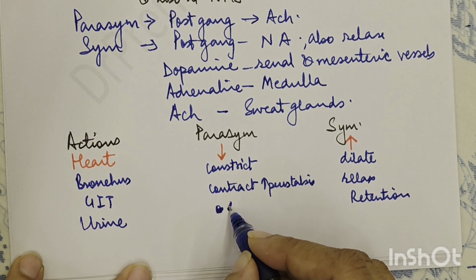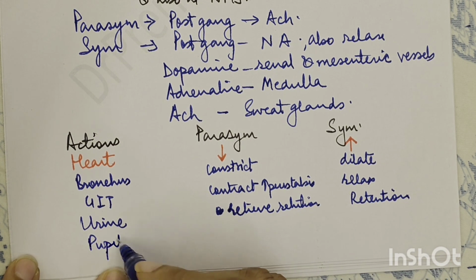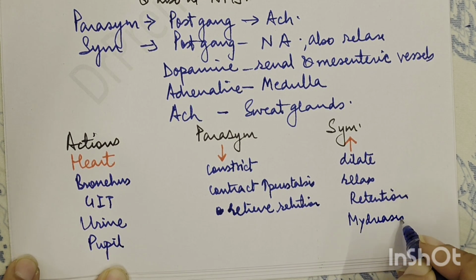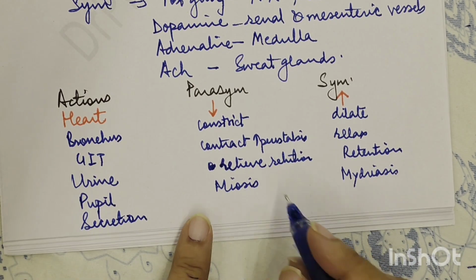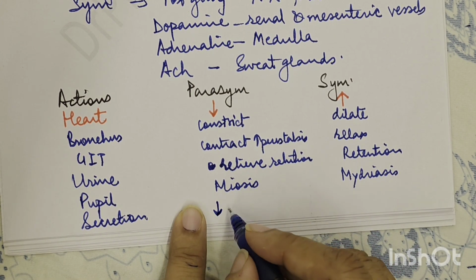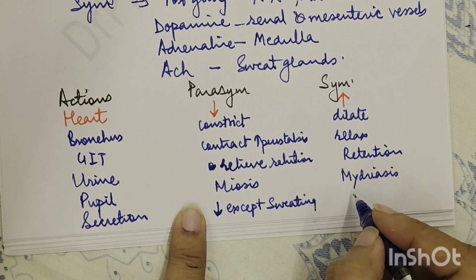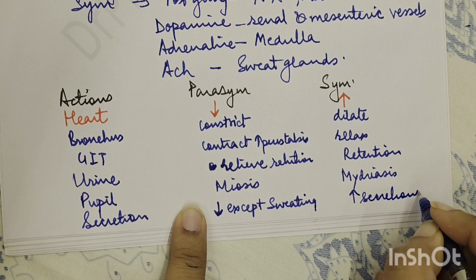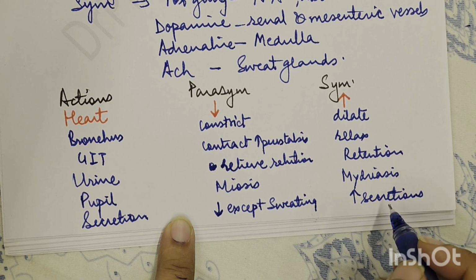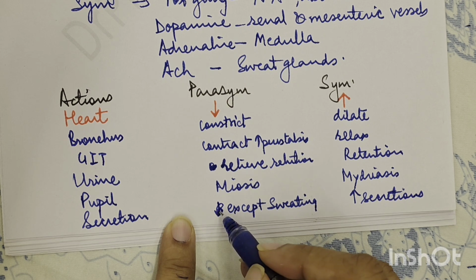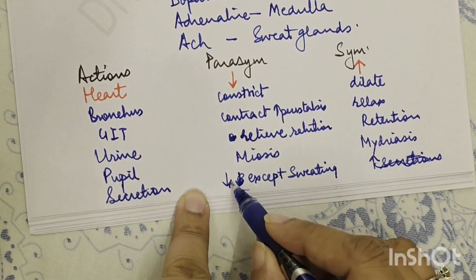So how do I write it? Relieves retention. Then the pupil: sympathetic causes mydriasis, and parasympathetic causes miosis. Secretions: parasympathetic reduces all the secretions except sweating. Sympathetic increases secretions. I think I have written it all wrong. Yes, actually I was having a confusion.